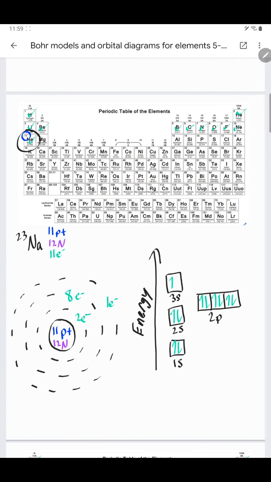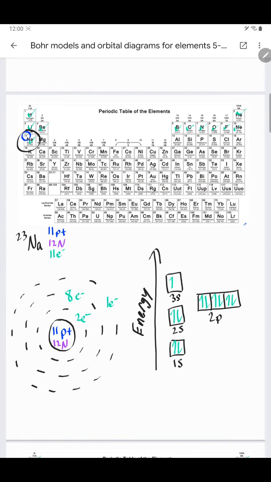But what happens when we move from left to right on the periodic table and we come to magnesium, the next element over? What's going to happen then? Well, magnesium has an atomic number of 12 instead of 11. So we know that it has another proton.